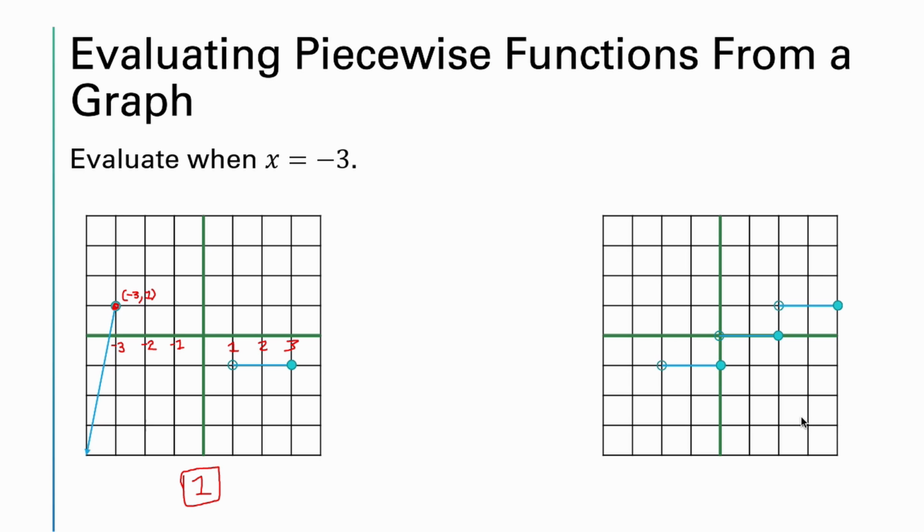Now let's do this one. Again, we're evaluating for negative 3, so let's find that on the graph. This is 1, this is 2, this is 3, this is negative 1, negative 2, negative 3.